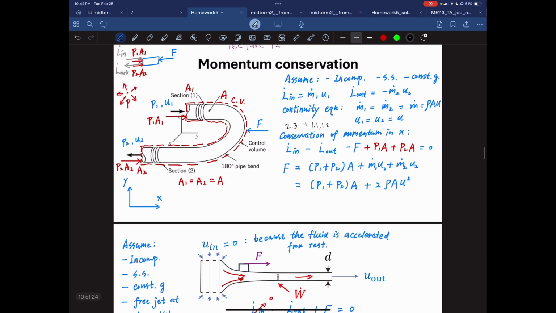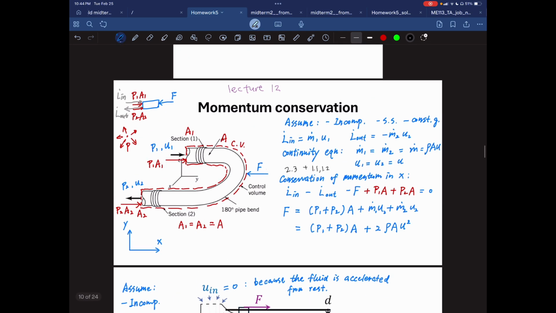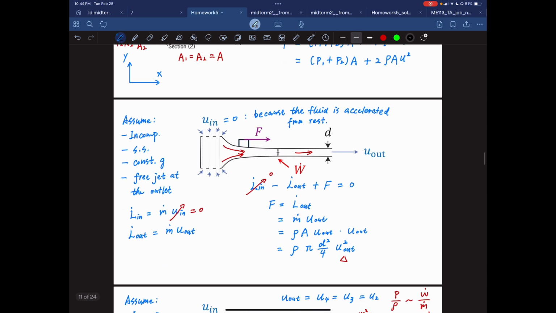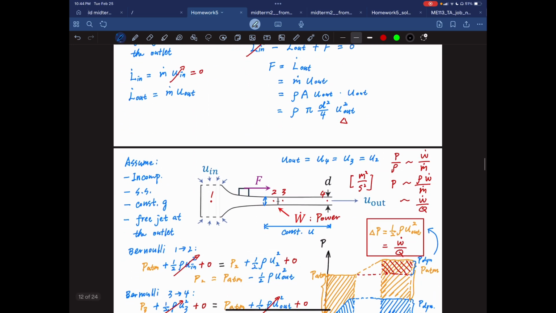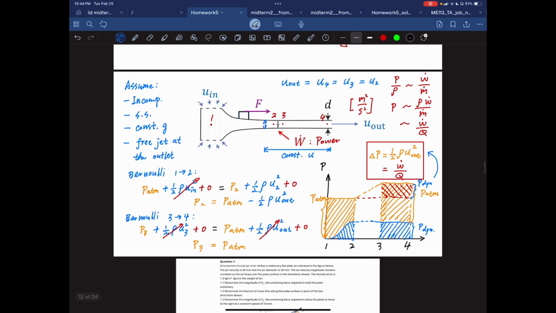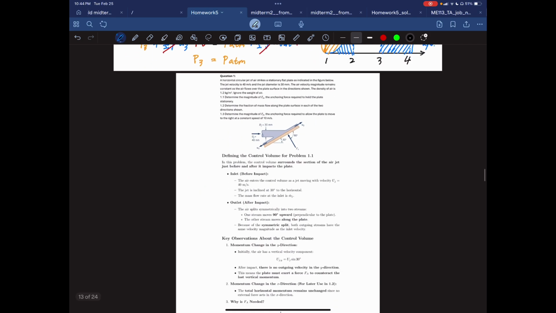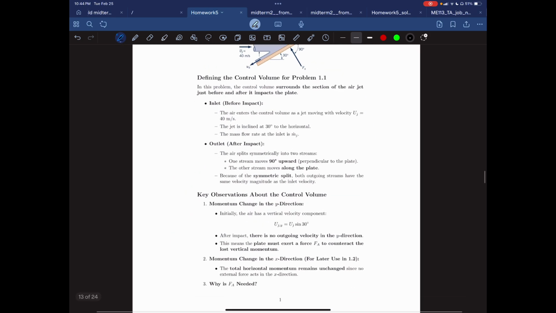Okay, so this is pretty helpful. Okay, and then we have more notes.